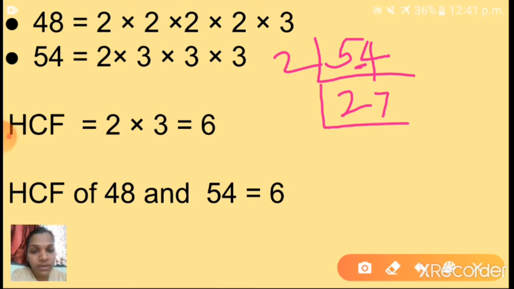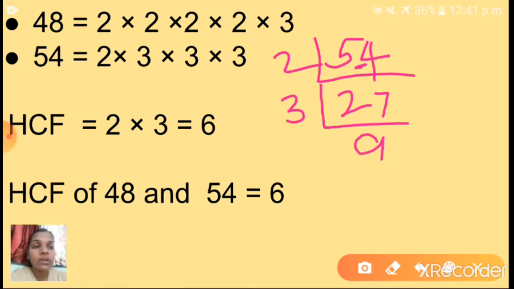So 27 now. 27 is what? Odd number. So here we can't divide this 27 by 2. So next prime number, can anyone say? Very good. 3. Okay. In 3's table, this 27 will come, or what we have to check? Yes, 3 9's are 27. So 3 we have to write here. Okay. How many 3's are 27?